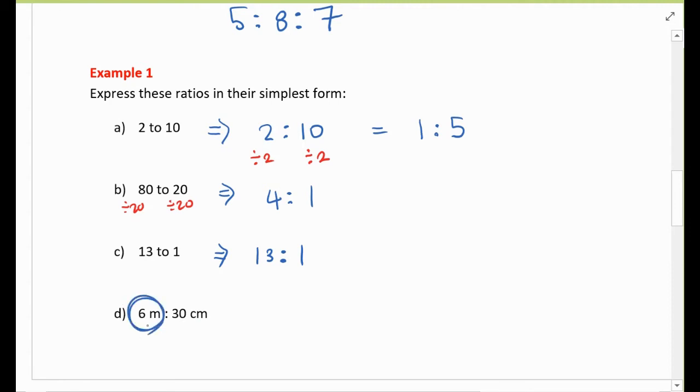Can you change 6 meters to centimeters? 6 meters is the same as how many centimeters? That is 600 centimeters to 30 centimeters. So don't forget to change the unit. You have to use the same unit.